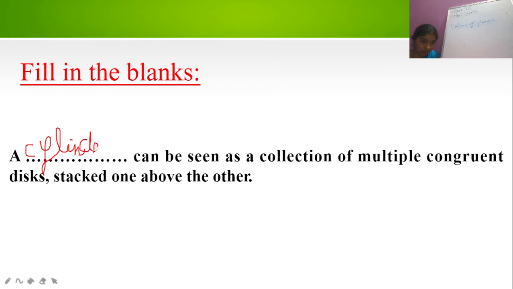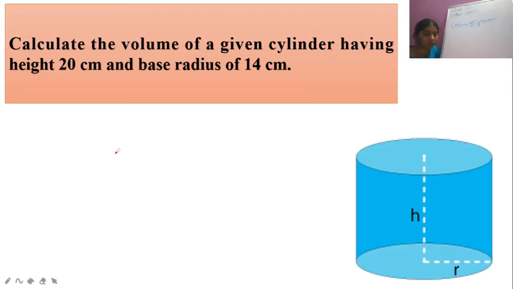Okay, so now let's come forward. So see, we have the next question. So now students, you have to read carefully, then you have to tell me how you have to go for the volume of this given cylinder. So students, do we have a height for this?